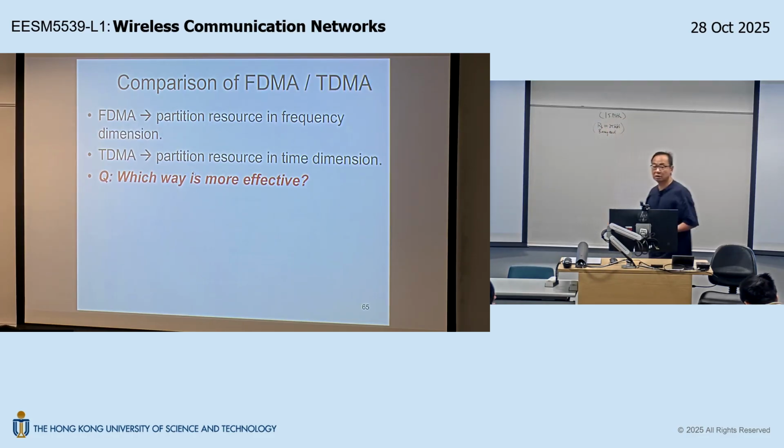Under this constraint, we try 2 ways of partitioning this 50 megahertz of spectrum and see which way we end up having more channels. More channels means more capacity, which means we can accommodate more users. Okay, so let's try the FDMA.